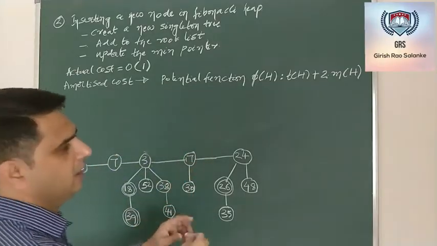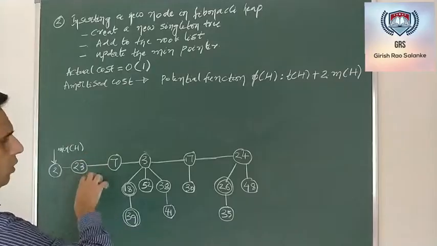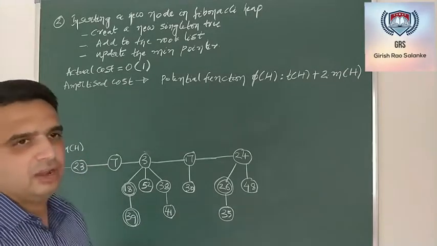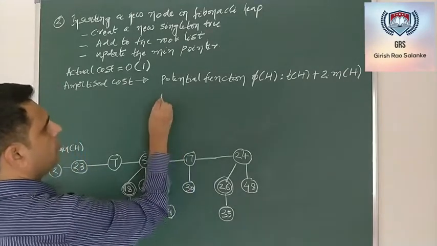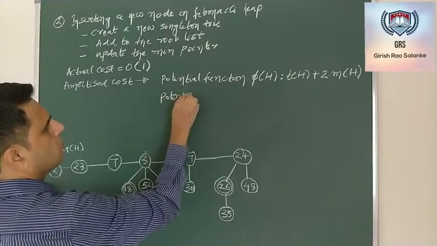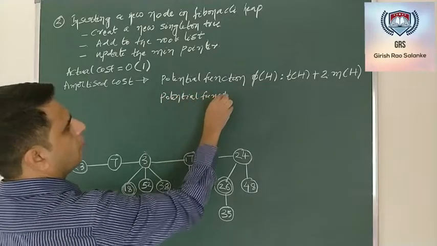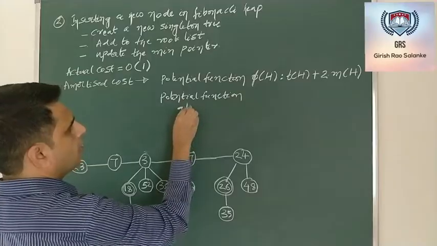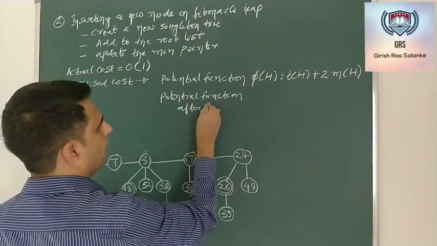Now on adding a new node to the Fibonacci heap, what have we done? That means the potential function after insertion.